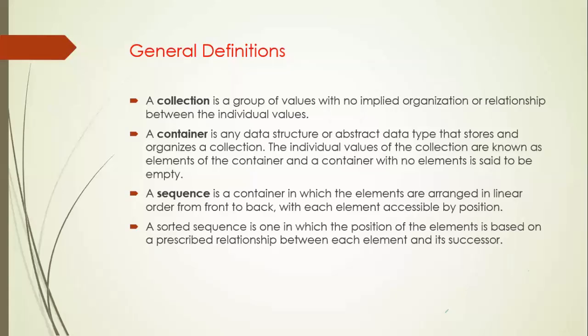And then a sequence is a container in which the elements are arranged in a linear order from front to back. And then a sorted sequence is one in which the position of the elements is based on a prescribed relationship between each element and its successor.